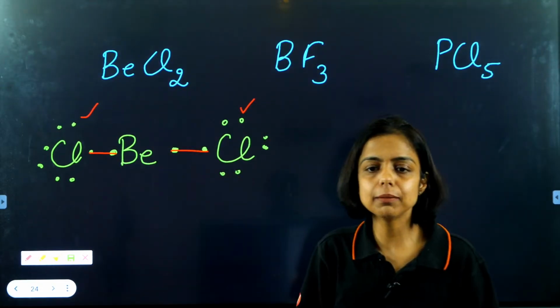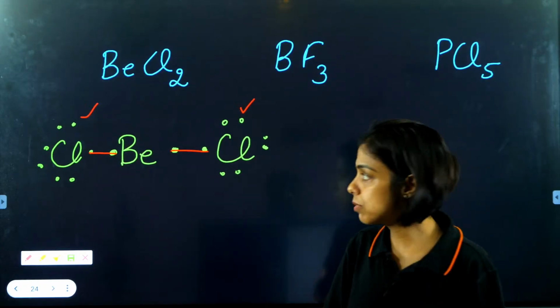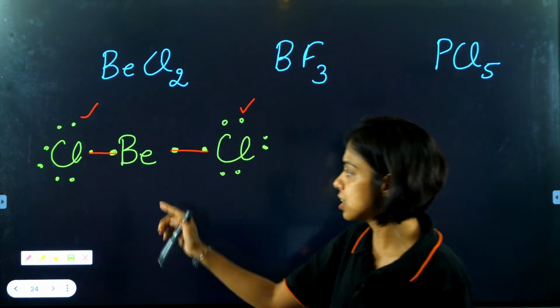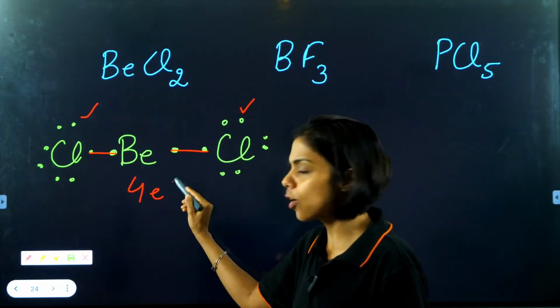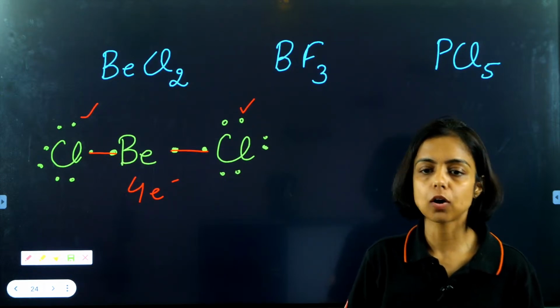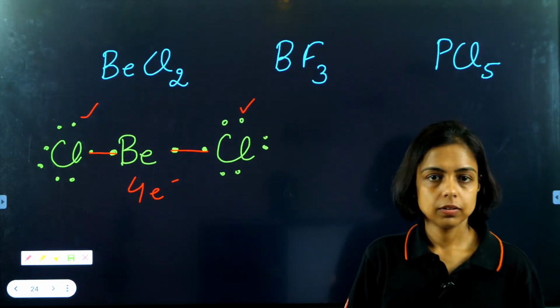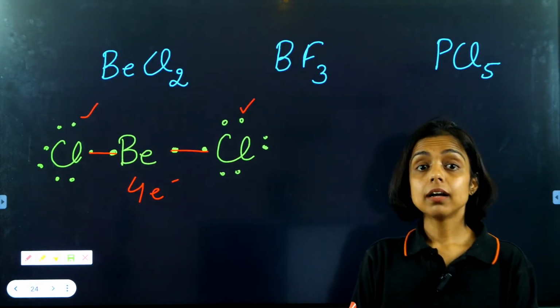But what about beryllium, guys? Beryllium, even after making a bond, has just 1, 2, 3, 4 electrons. Is it following the octet rule given by Lewis? No, it is not following the octet rule. It has fewer electrons than 8.